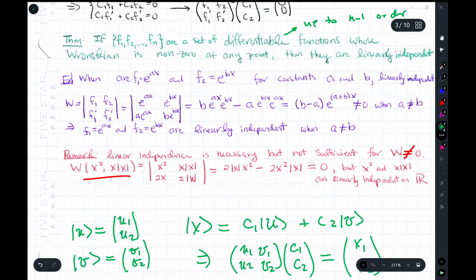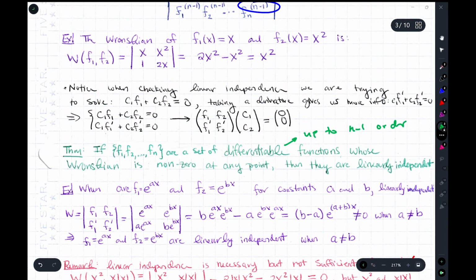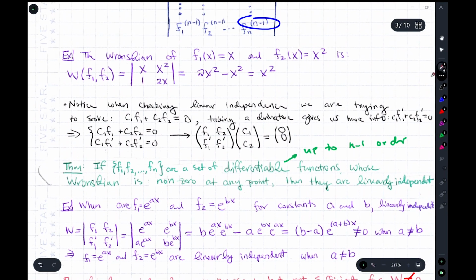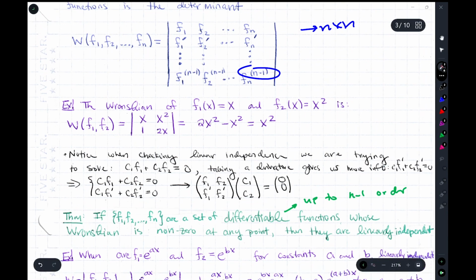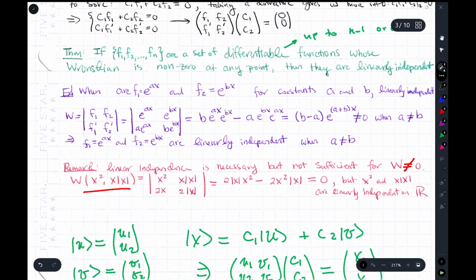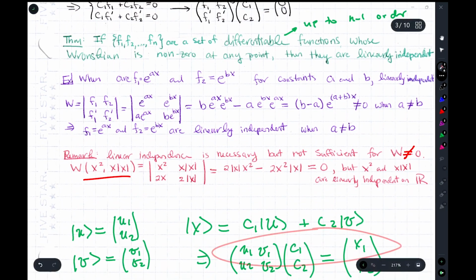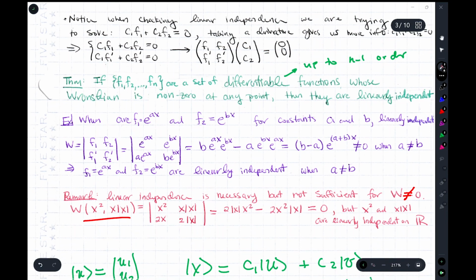Well, that's incredibly reminiscent of the Wronskian. The Wronskian is the determinant of this matrix there. You could look at it in the case of the 2 by 2 functions, and you could draw the parallels between this matrix here and that matrix up there. You're basically asking if the only solution to this matrix equation is the trivial solution.